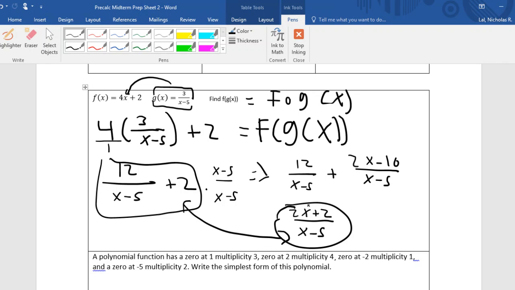If it's multiple choice, say 12 over x minus 5 plus 2 is the correct answer, but the multiple choice answer is 2x plus 2 over x minus 5.